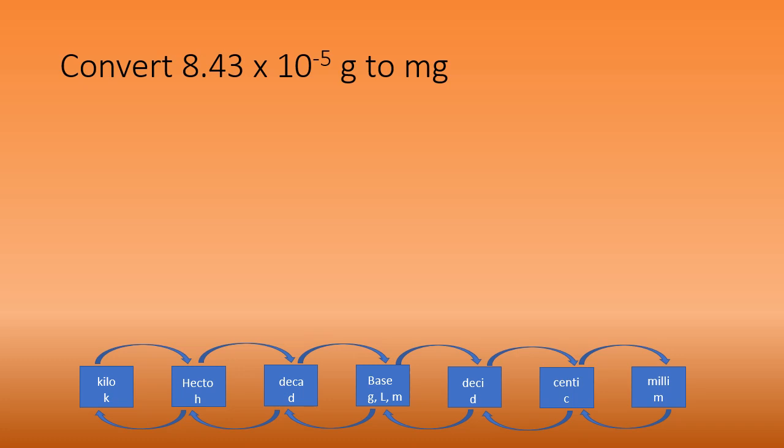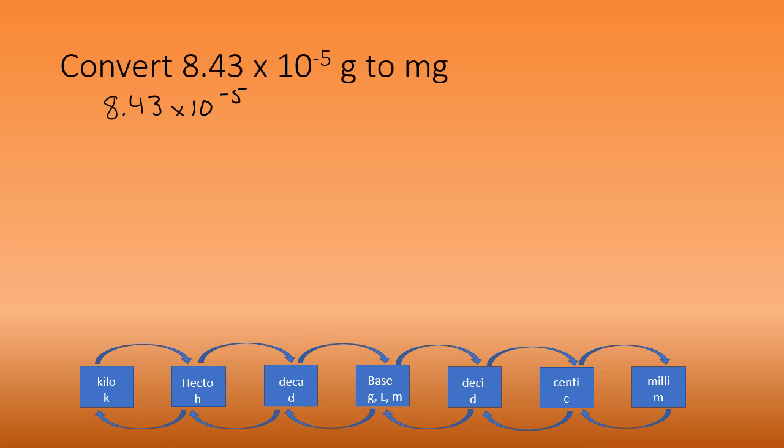On this slide, we're asked to convert 8.43 times 10 to the negative 5 grams to milligrams. Once again, we could write down our scientifically notated number, 8.43 times 10 to the negative 5.